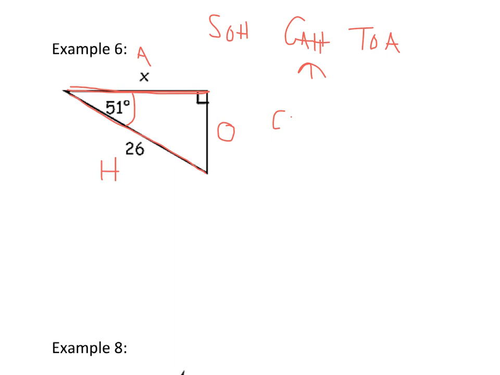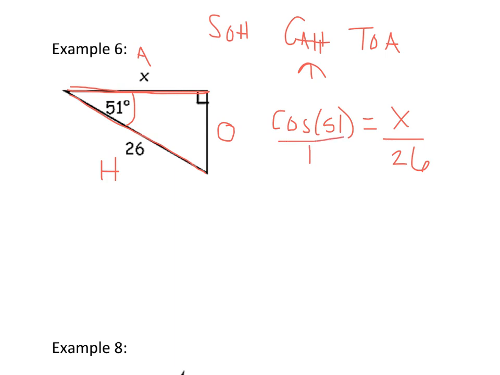So cosine of the angle 51 equals A over H. A is x, and H is 26. We have two options here. I can draw the line and just multiply by 26 on both sides to get rid of it, or if you like cross multiplying, we can continue to do that.